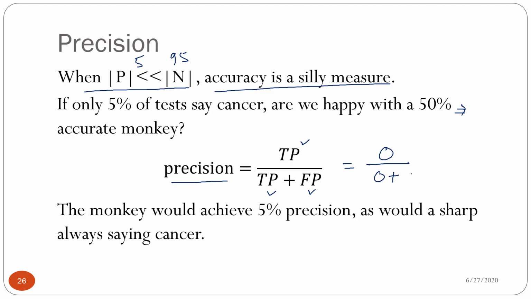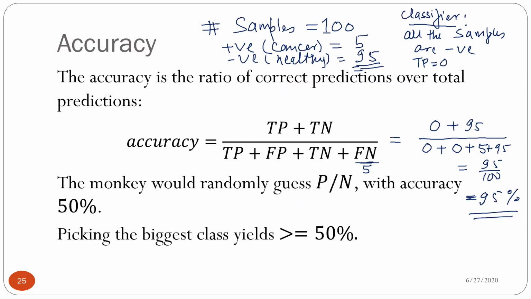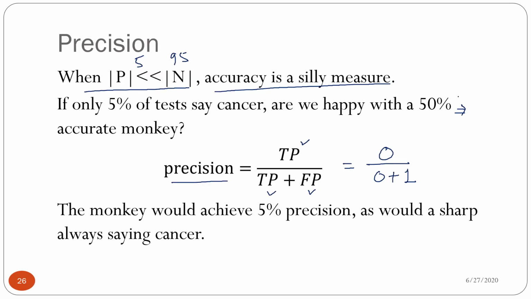Assume that we have 1. Let's change this example a little bit to have the false positive as 1 to avoid the 0 by 0 problem.